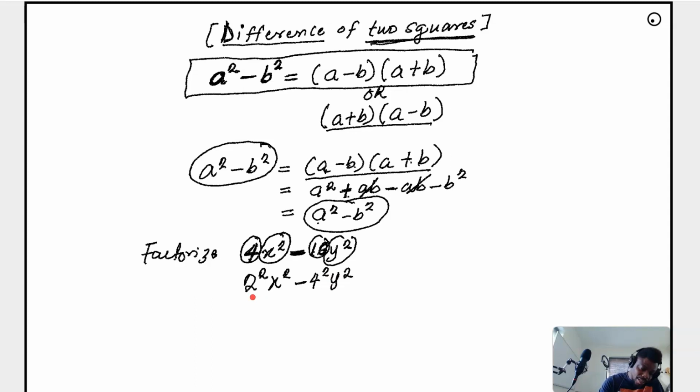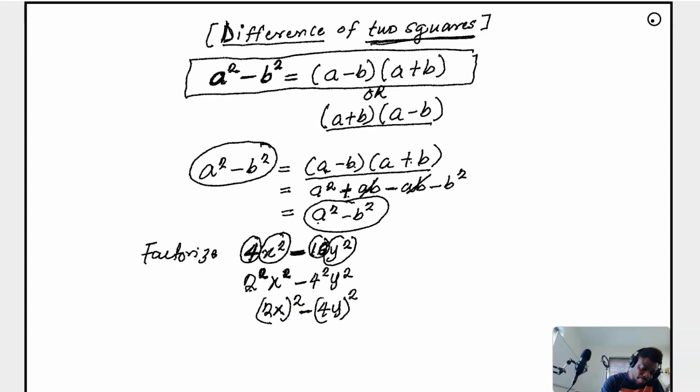So in this case, since the power is 2 here and 2 here, I can say 2 times x, that is 2x, and you maintain the power 2. That is the laws of indices. Minus the same thing here, 4y raised to the power 2. So you can see this is a difference of two squares.